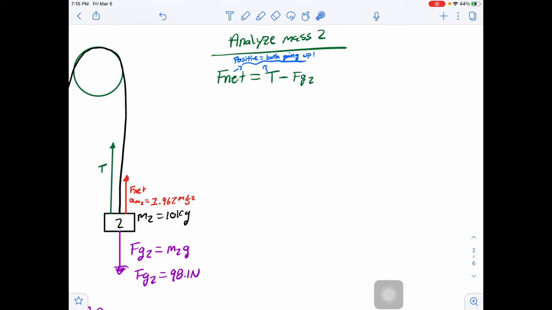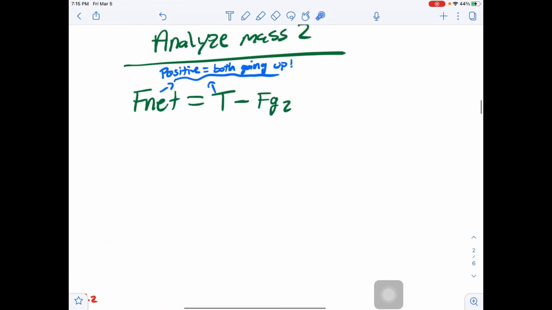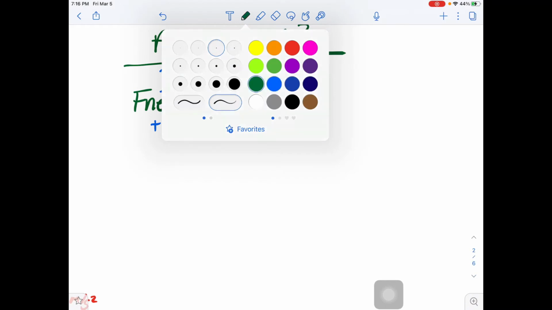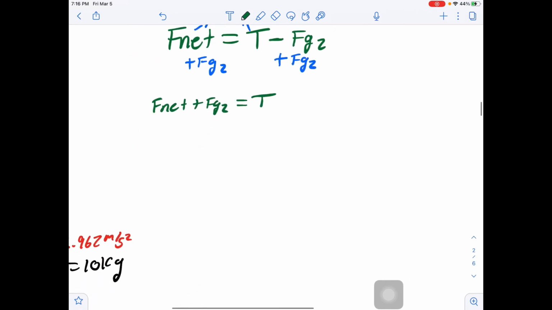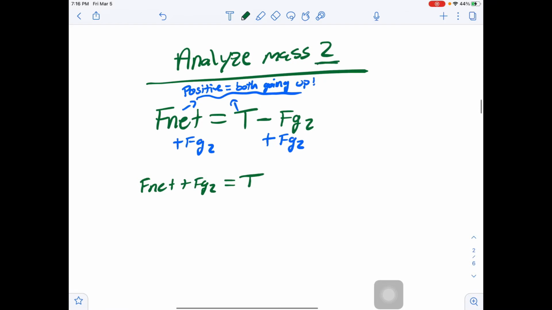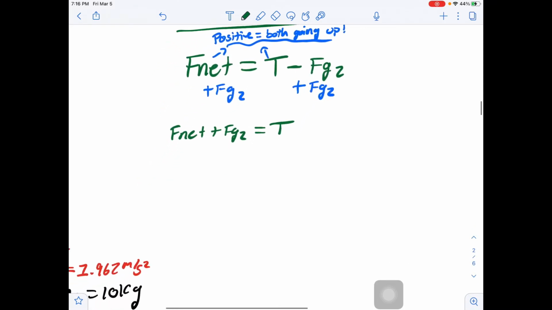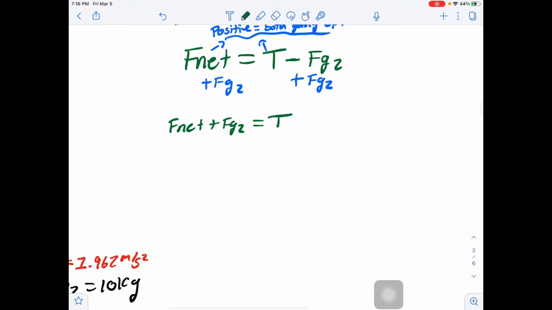Now we actually have a lot that we can solve for here. We can determine the tension. So let's solve for the tension by adding the force of gravity 2. So here, the net force plus the force of gravity 2 equals tension. And now we can start solving, and remember, we're just analyzing mass 2. We're kind of ignoring the fact that mass 1 is here for now. So that means this will be the mass of 2 times the acceleration of mass 2 plus the mass of 2 times the gravity, and that's going to equal our tension.